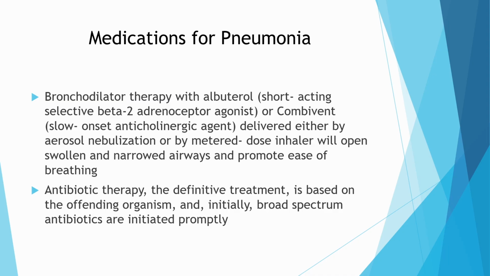Combivent is a slow-onset anticholinergic agent, and these can be delivered either by aerosol nebulation or by metered dose inhaler, which will open swollen and narrowed airways and then promote the ease of breathing. Antibiotic therapy, which is the definitive treatment, is based on the offending organism, and initially a broad-spectrum antibiotic will be initiated.